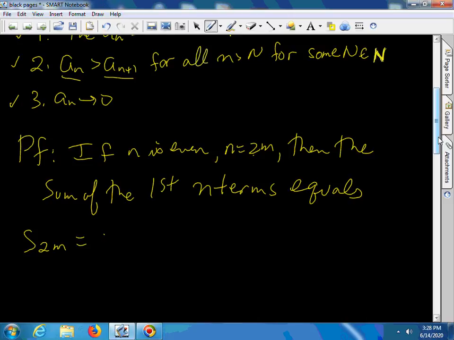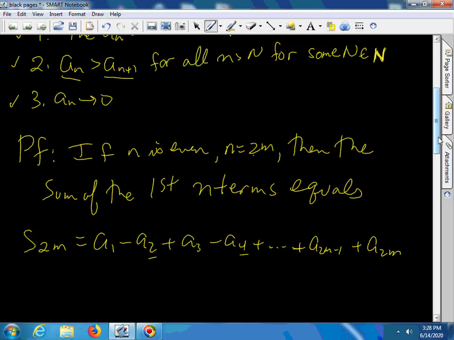This is equal to a1 minus a2 plus a3 minus a4. Now notice that the even terms have a minus in front of them. So plus all the way up to plus the term before the last one, a sub 2m minus 1 minus a sub 2m.